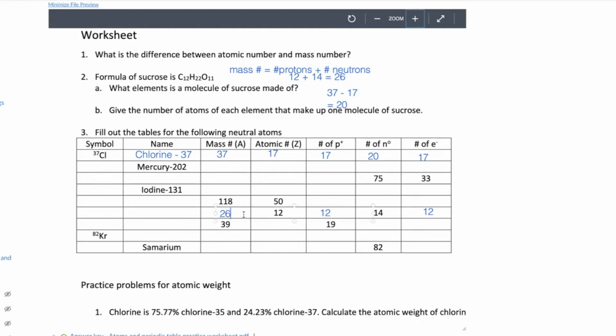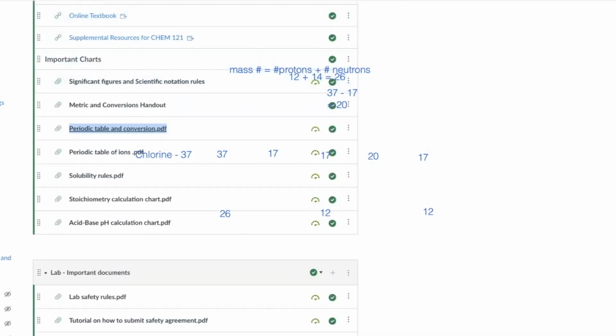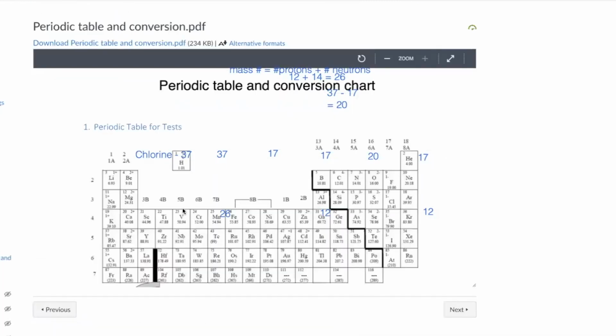So the mass number is 26. Now we need to figure out the name of the element. What do we need? We need a periodic table to figure it out. The atomic number is 12. Let's look at the periodic table. Atomic number 12 means it is magnesium.